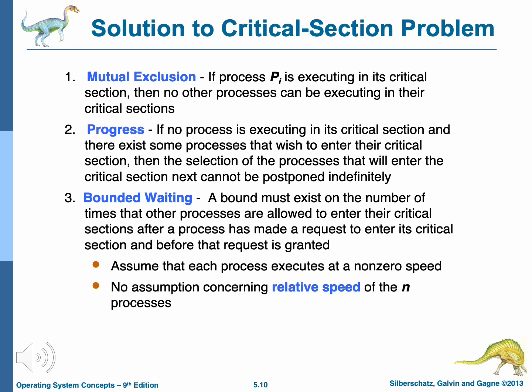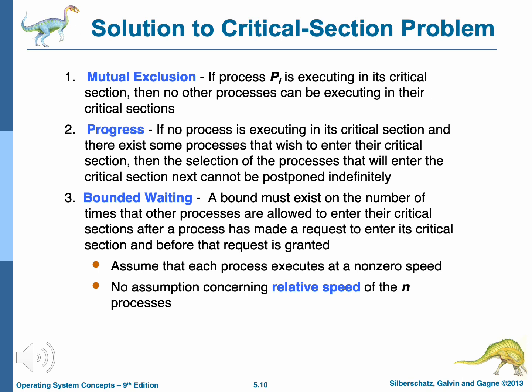A solution to the critical section problem must satisfy the following three requirements. 1. Mutual exclusion. If process Pi is executing in its critical section, then no other processes can be executing in their critical sections. 2. Progress.